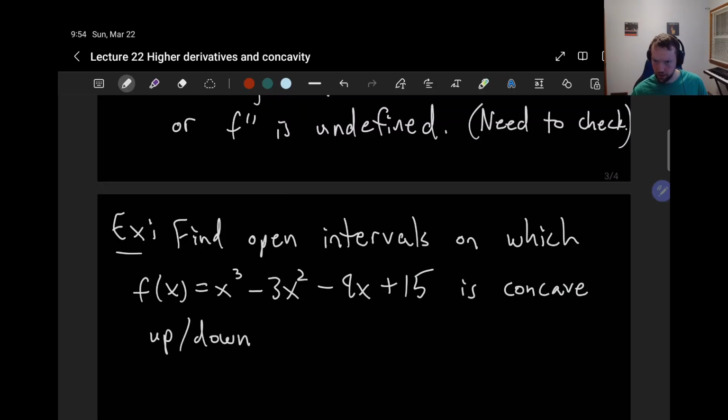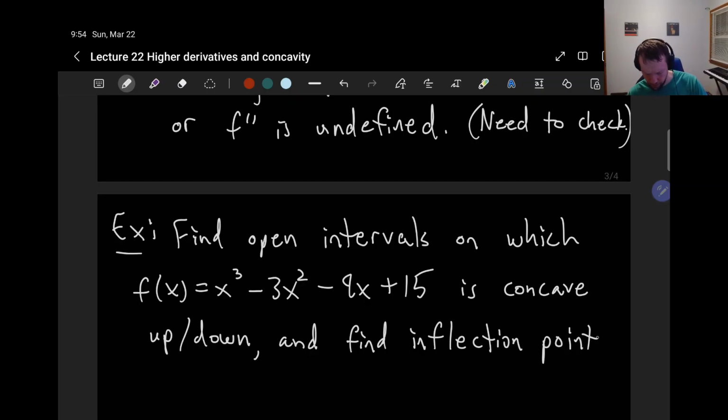We're going to find all those intervals. And we're going to find any inflection points, if there are any in the first place.